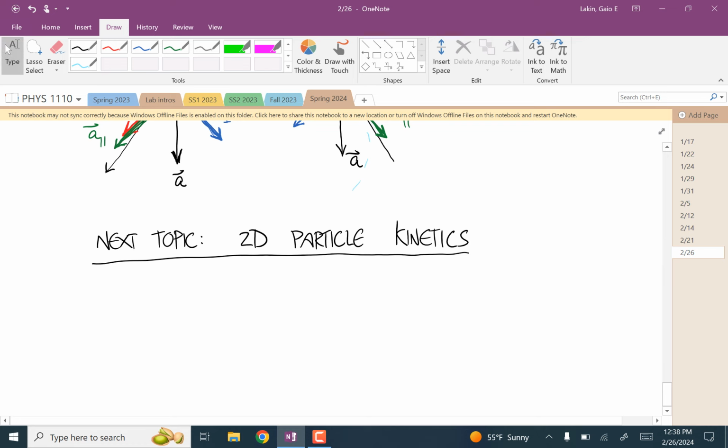Okay, well, kinematics and kinetics, it seems like a joke. Like, why do they have to make those two words so similar, you know? And I don't know the answer to that. But remember, kinematics is describing motion without causes.